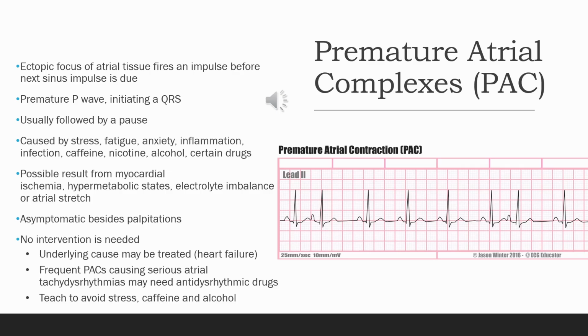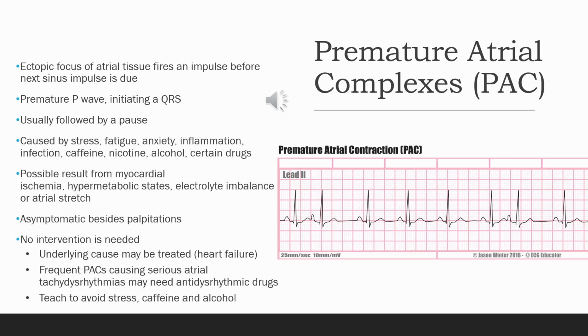So now let's talk about how we can manage a PAC. No intervention really is needed, especially for isolated PACs in healthy individuals. If the PACs are frequent and they're associated with symptoms or progression to a more serious atrial tachydysrhythmia, then treatment might be necessary. So with this, we just want to treat the underlying cause. If we've got heart failure, we need to treat the heart failure, or if it's due to an electrolyte imbalance, we'll treat the electrolyte imbalance.